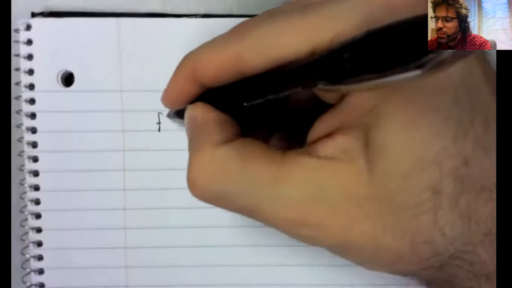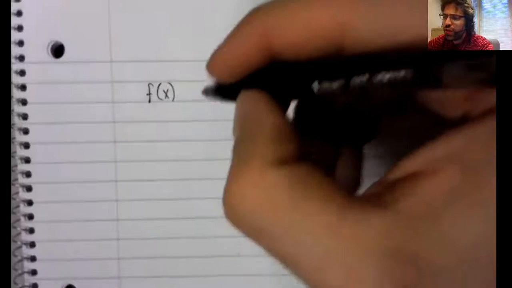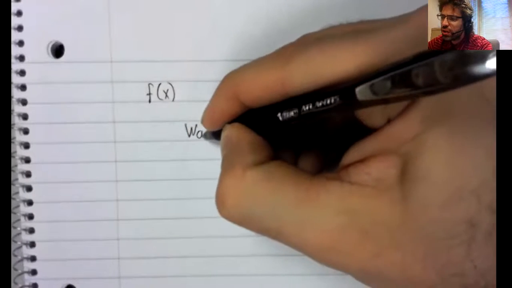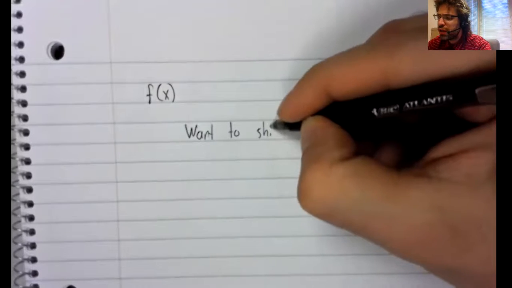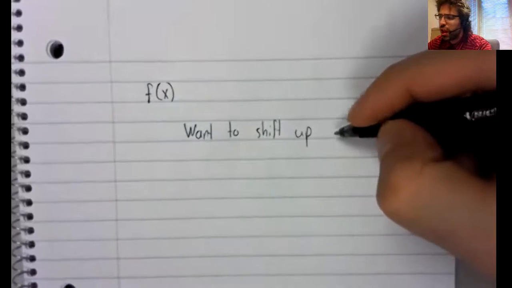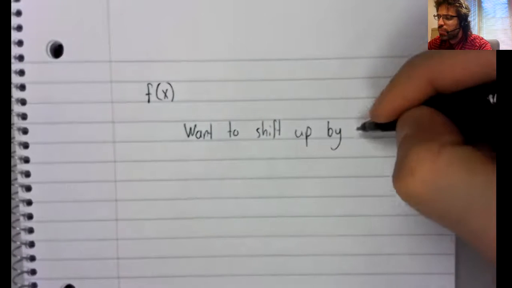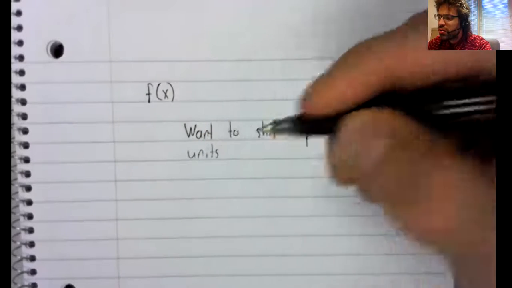How do you perform vertical shifts? Well, let's say you have some function f of x, and you want to take the graph of this function and shift it up by k units.